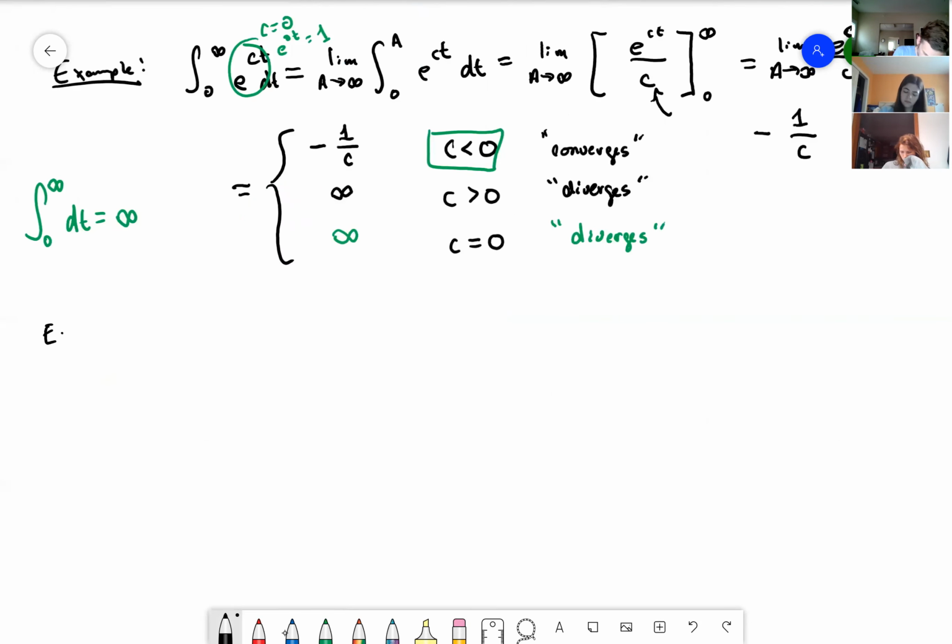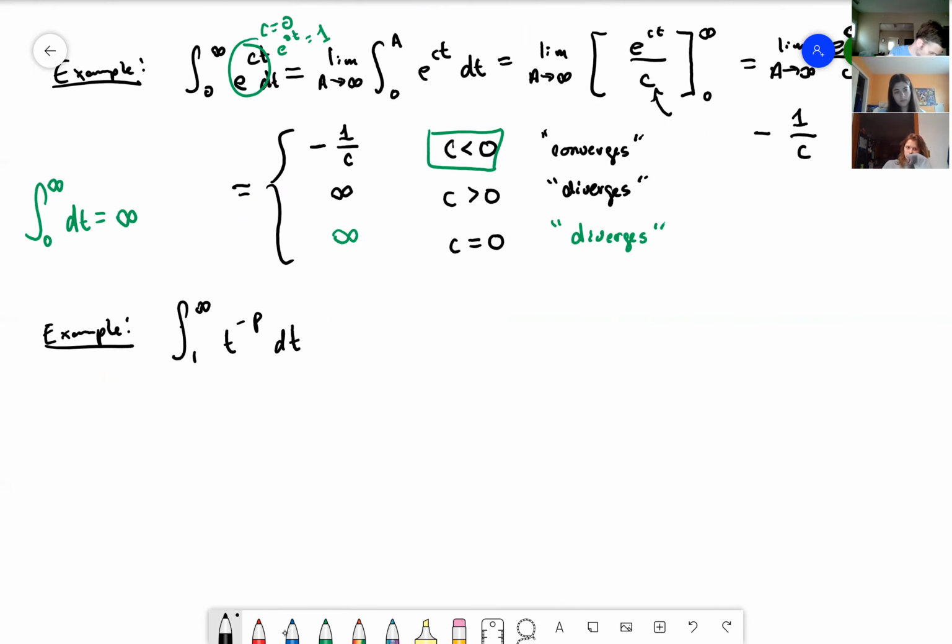Another example. I'm going to go through these quickly, so we have time to actually talk about the Laplace transform. Okay, so t raised to some power negative p.